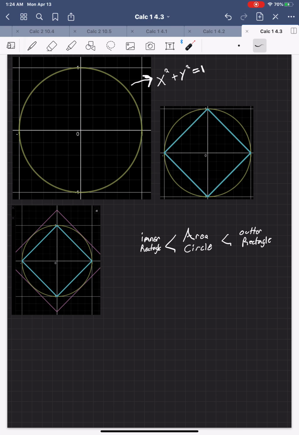Are you with me? Well, see if you agree with this. See if you were thinking this. What if you just increase the number of sides? Right?